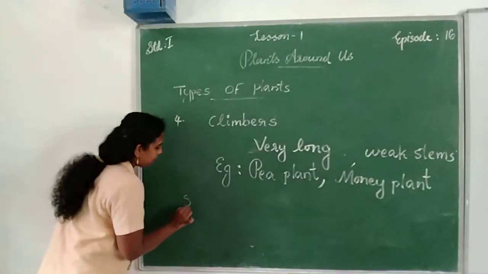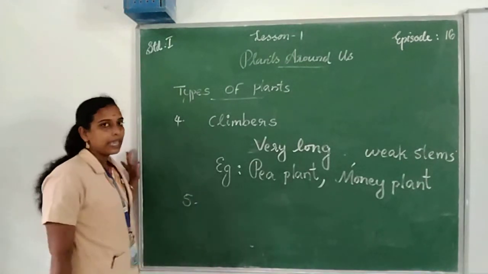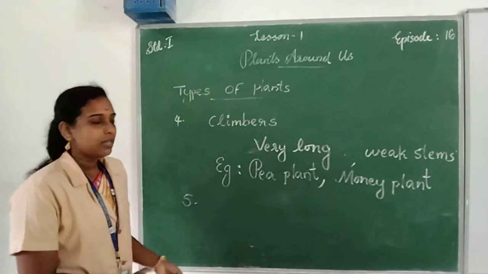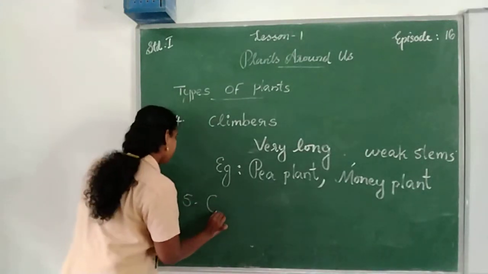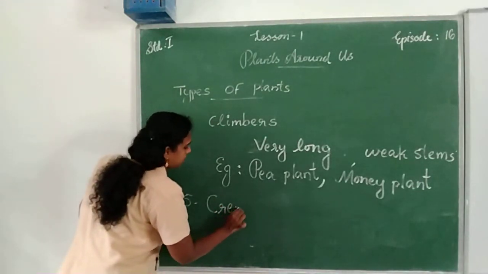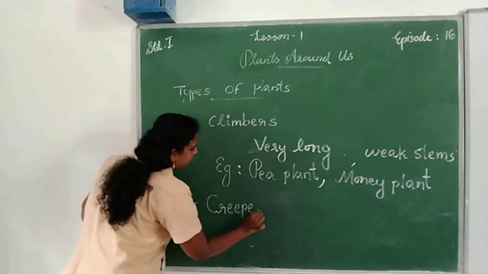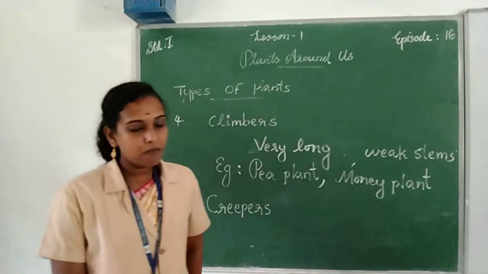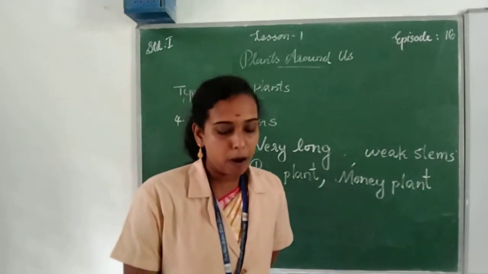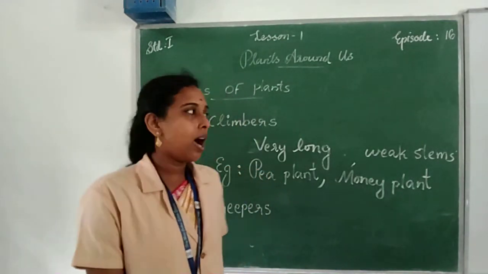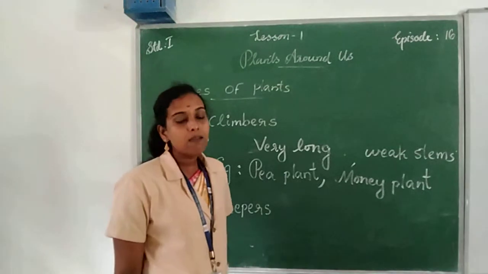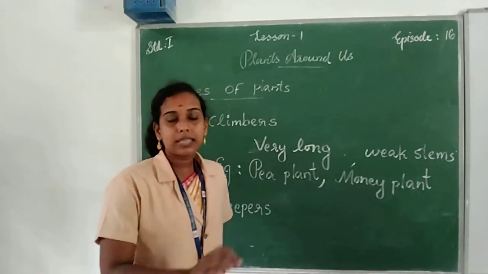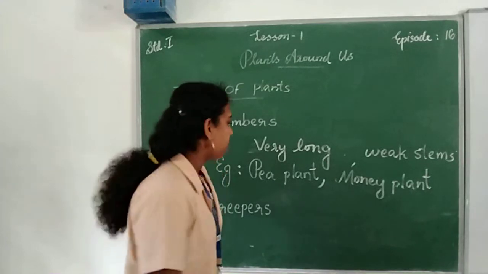And the last type of plant is creepers. So say the spelling of the word creepers. C-R-E-E-P-E-R-S. Creepers. So creepers have weak stems and they creep along the ground.